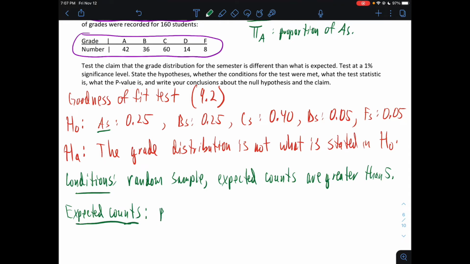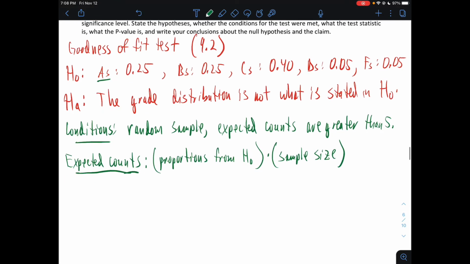So proportions from the null hypothesis times your sample size. That's how you find it for a test like this. And it's really just because we don't have a two-way table. We just have one row of information.